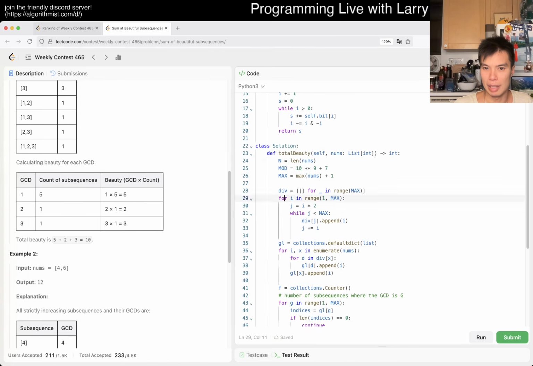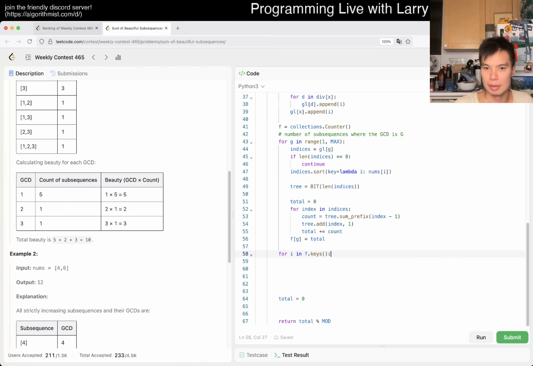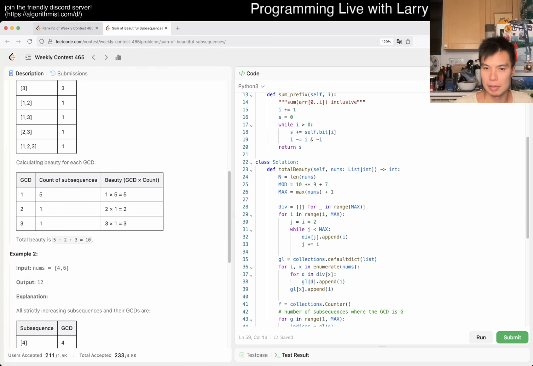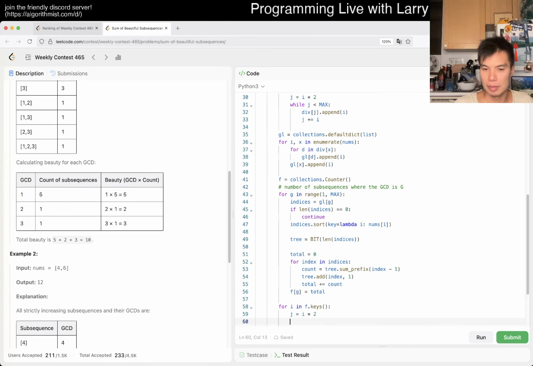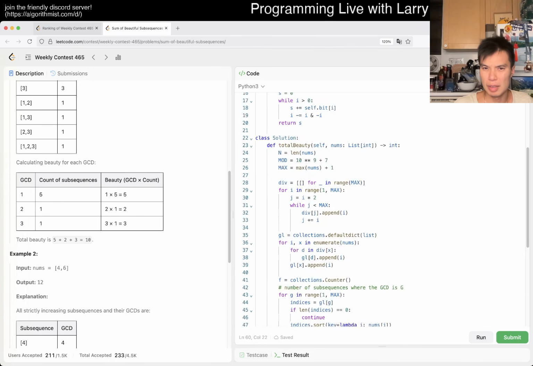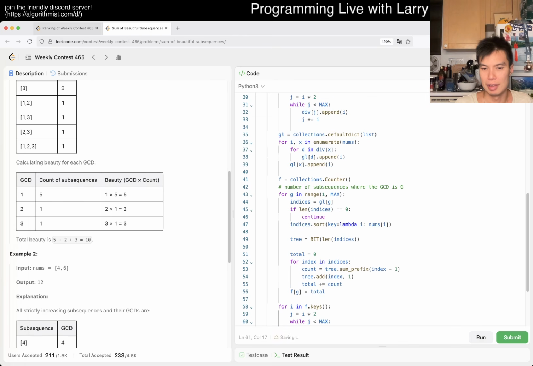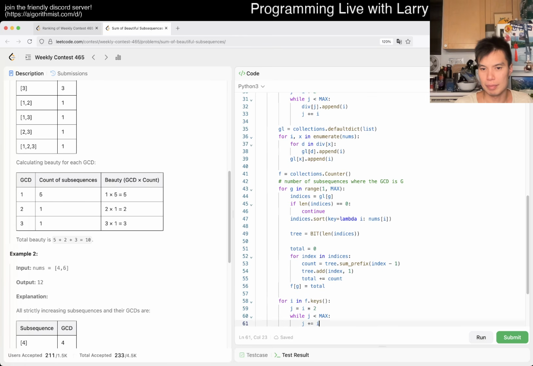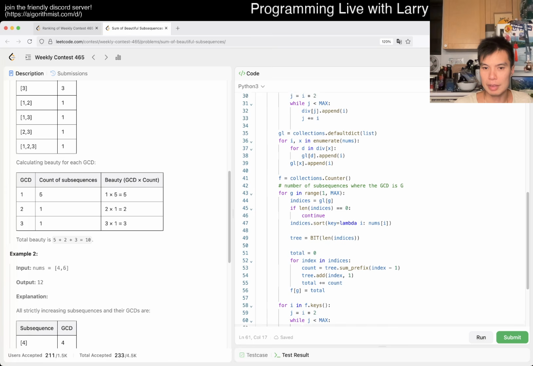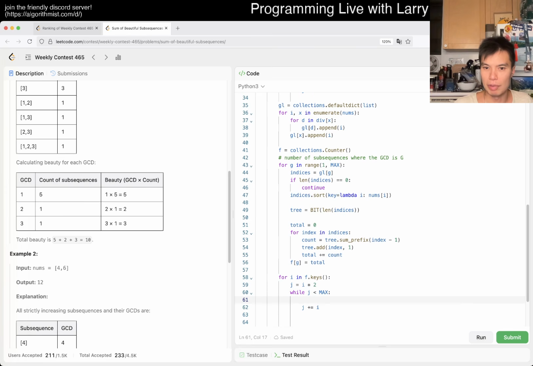Oh, I guess I have an i here. I'm just looking at this code, basically writing the same thing but in a slightly different way.